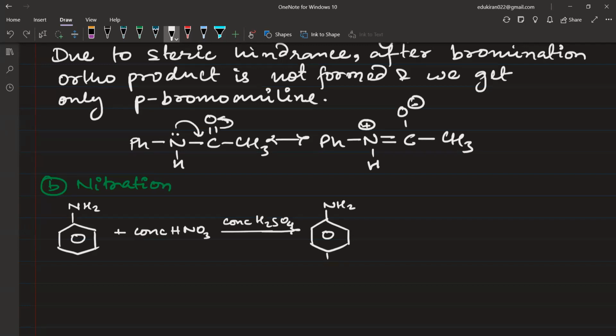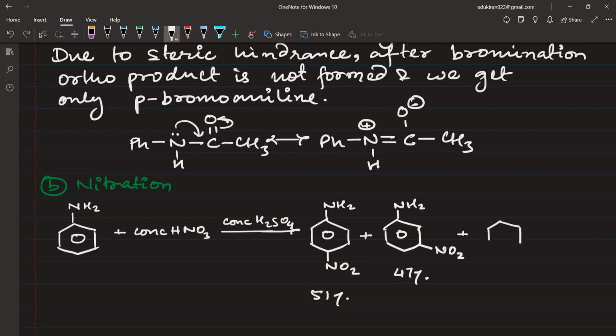Para substituted NO2, this is 51%. And we get a significant amount of meta substituted NO2, this is almost 47%. And we get a very little amount of ortho substituted product. This is 2%. Why is this happening?